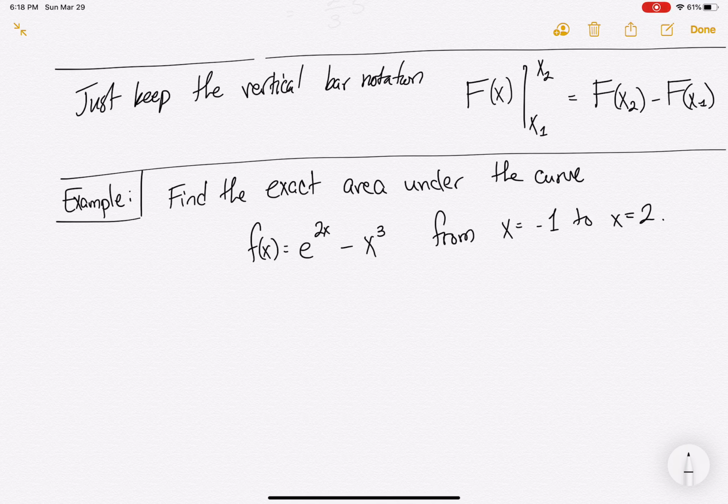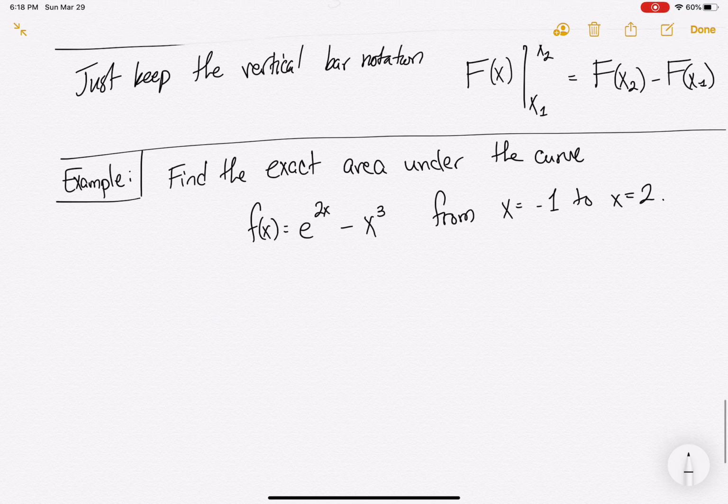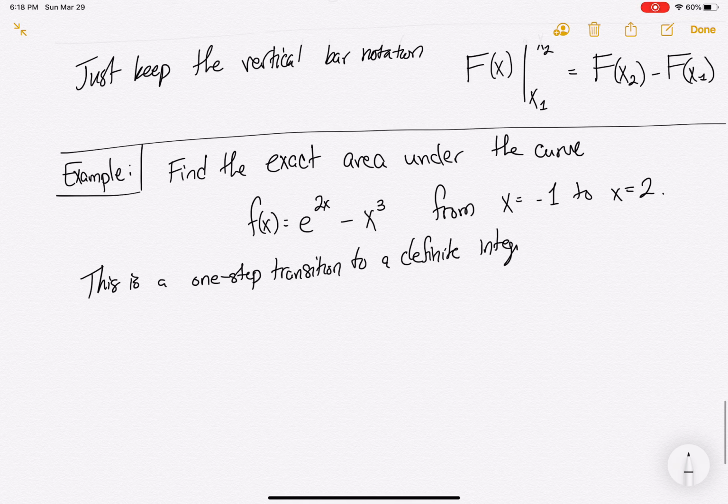Okay, so now we want to interpret this. This is a one-step transition to a definite integral problem, and the one step is the fundamental theorem of calculus.